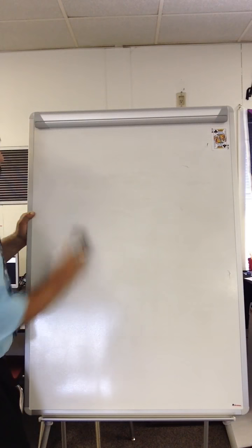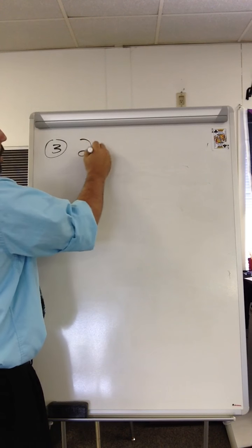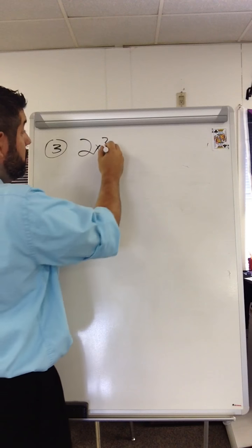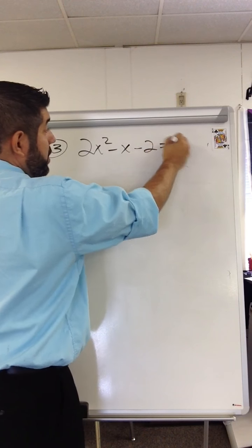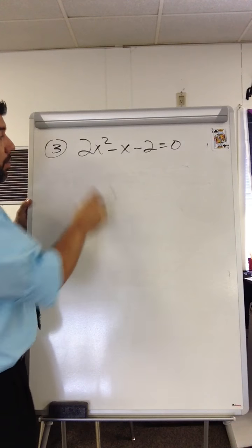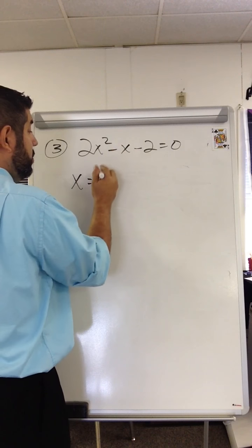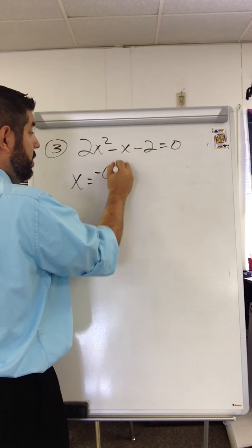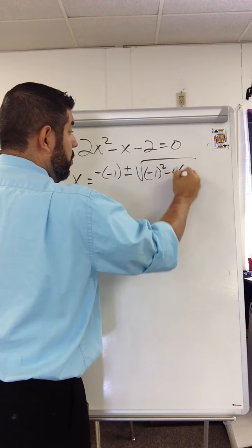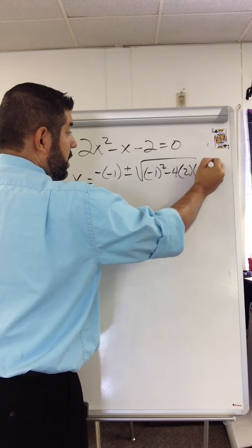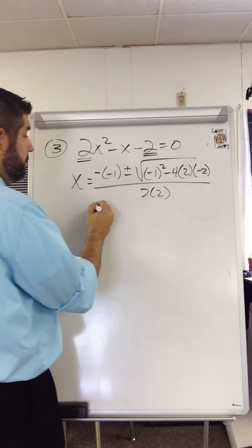And I know I'm talking pretty fast, but I think you can do the best you can to either keep up, or just pause the video when you need to. So here we're going to use the quadratic formula. Negative b is negative 1 plus or minus the square root of b squared minus 4ac, this is a, this is c, divided by 2a.